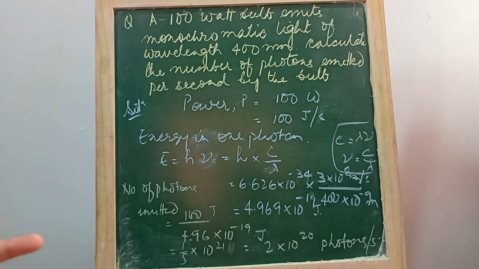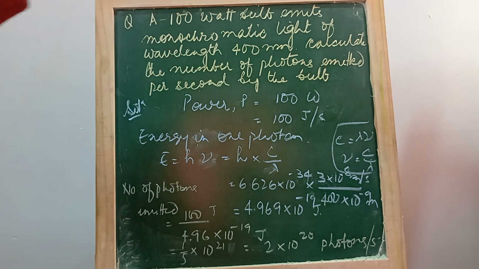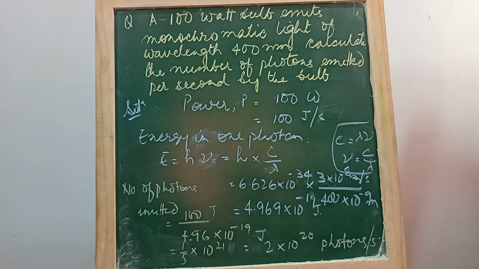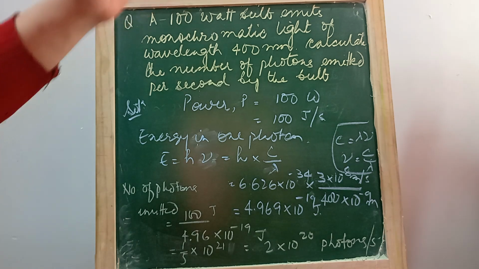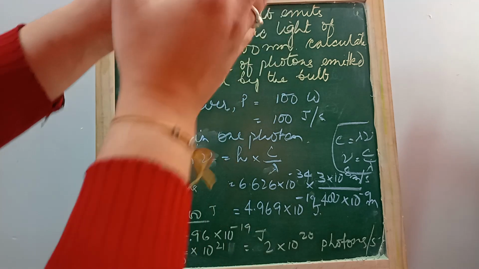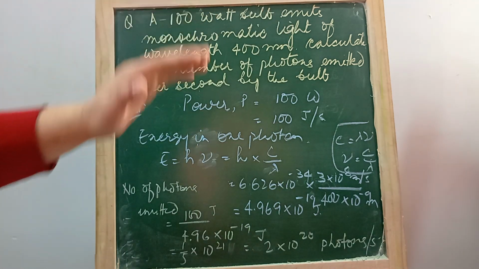According to Max Planck, energy from any source which can emit electromagnetic radiation is quantized. It cannot be continuous; it is emitted in packets. These packets are called photons.